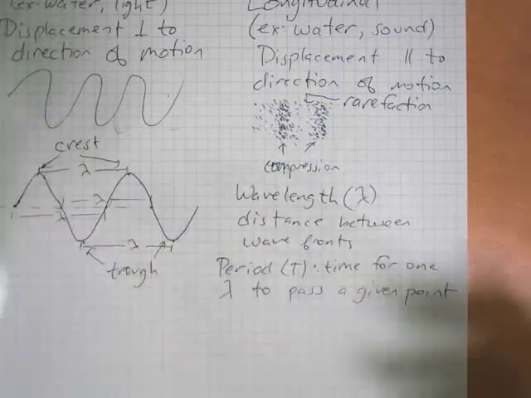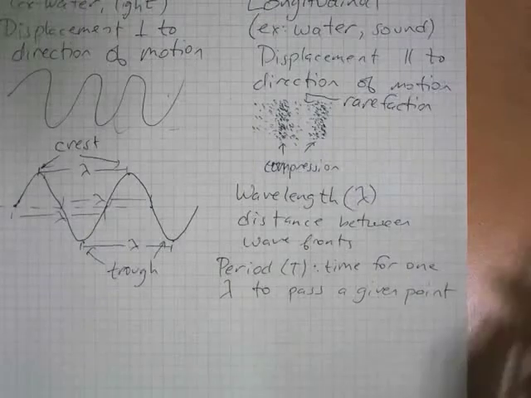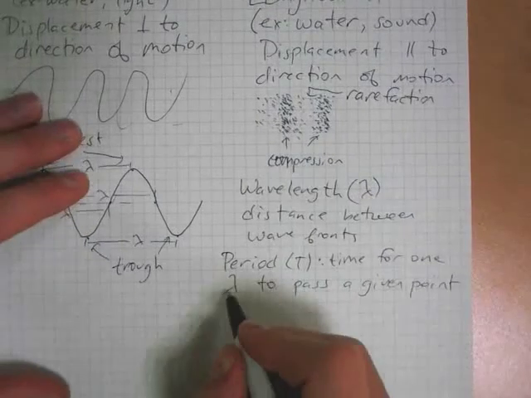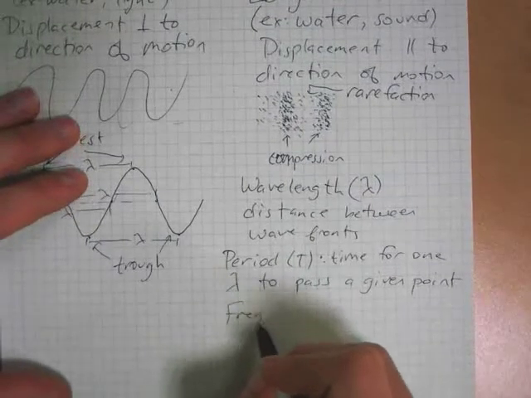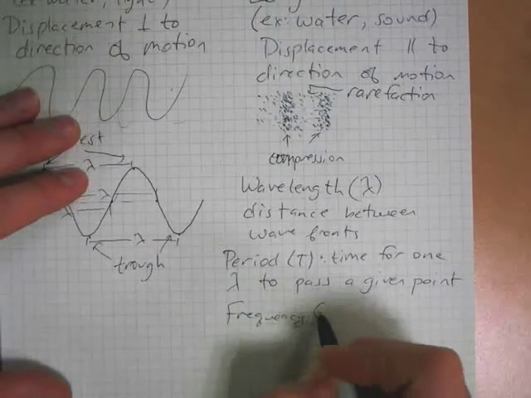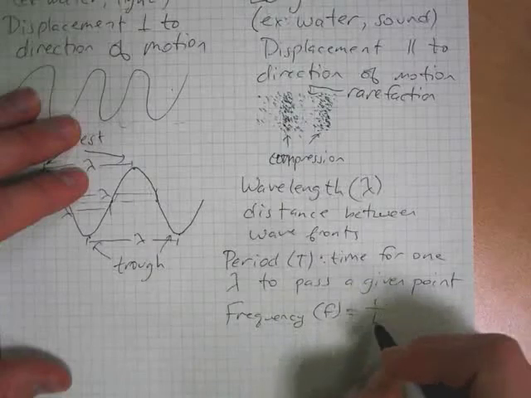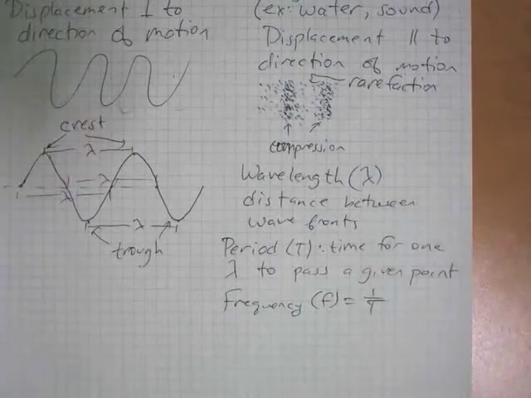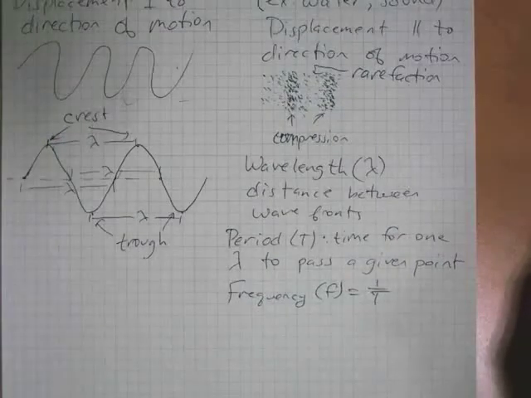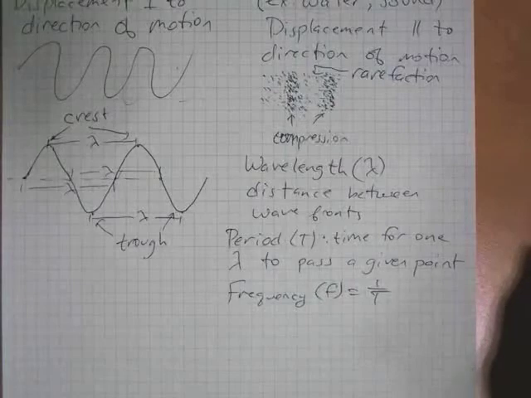In other words, it's the time for a wavelength. And then frequency is still one over period. It's still the number of wavelengths per second, just as it was for harmonic motion.